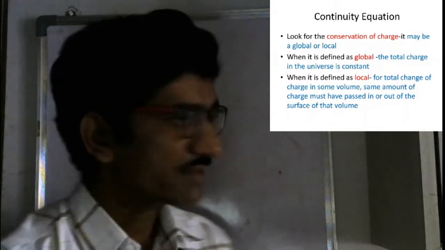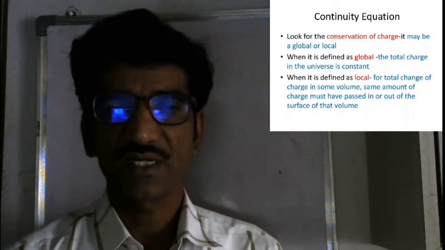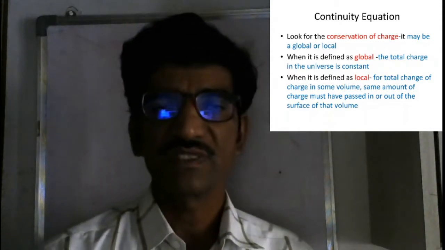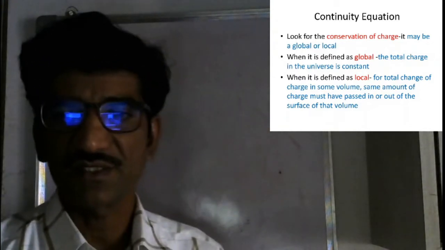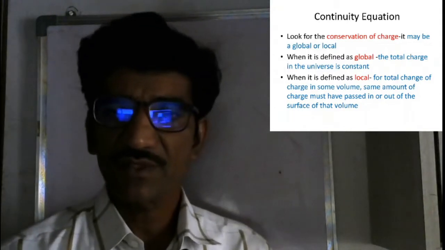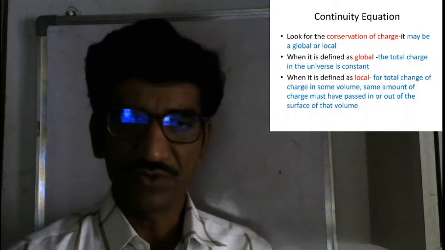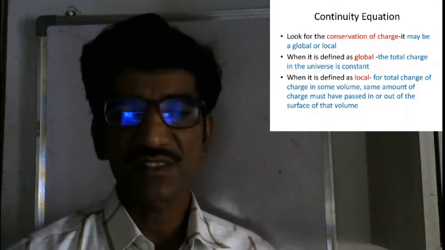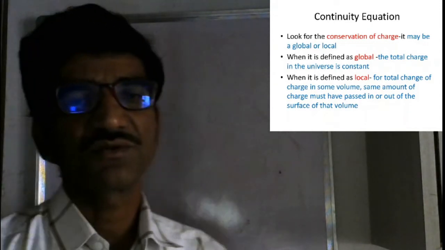Whenever we want to discuss conservation of charge on a local scale, we consider a small volume in that entire space. Whenever you consider the entire universe, what is your law of conservation of charge?